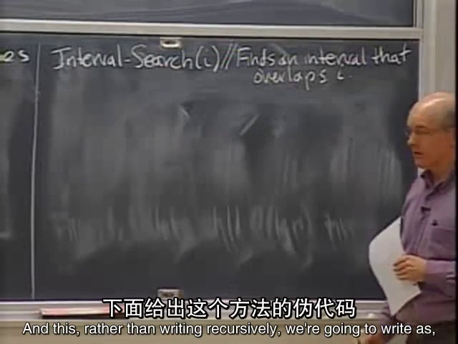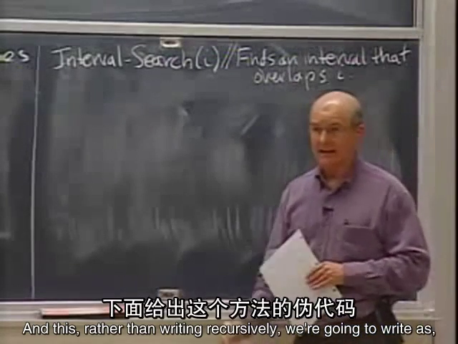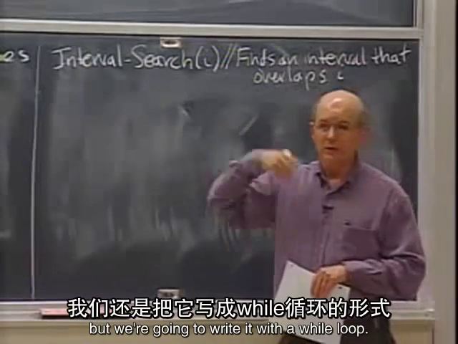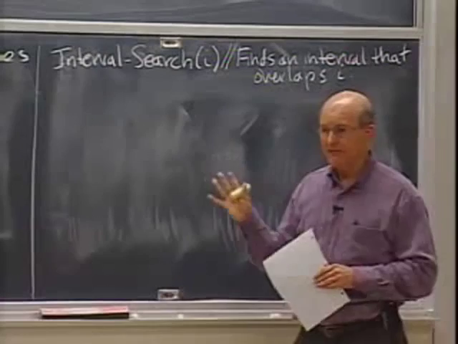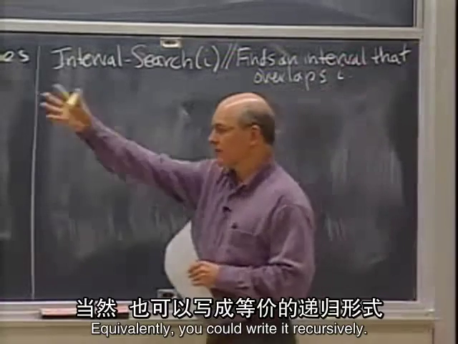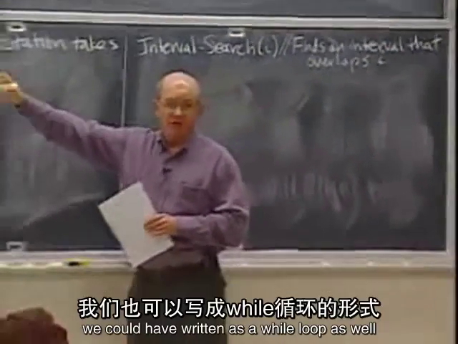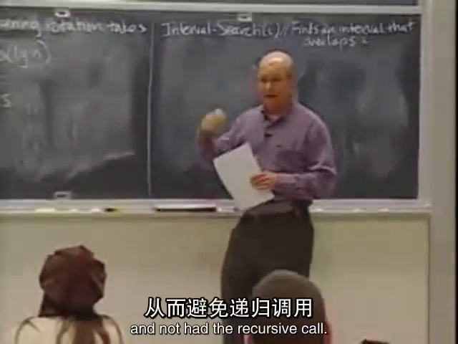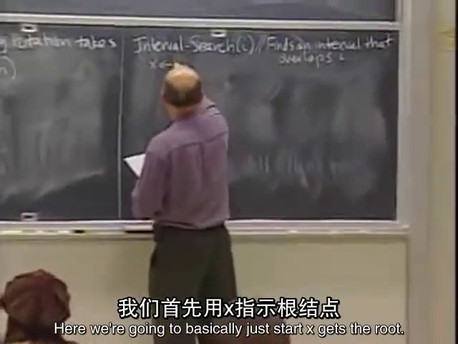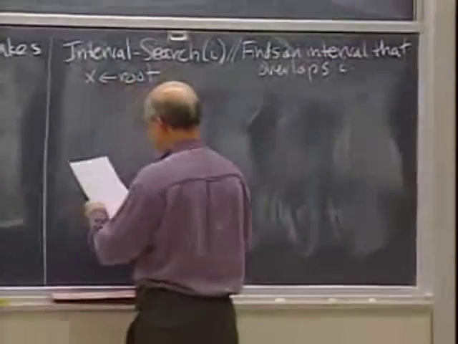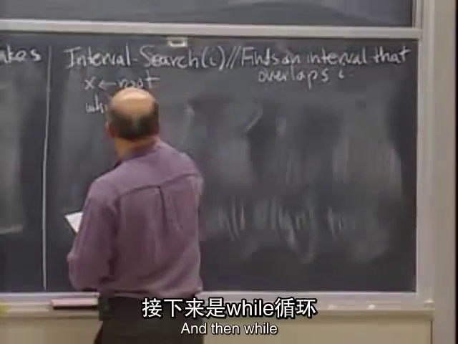And rather than writing this recursively, we're going to write it with a while loop. So it's equivalent. You could write it recursively. The other one that we wrote, we could have written as a while loop as well and not had the recursive call. So here we're going to basically just start x gets the root, and then while.